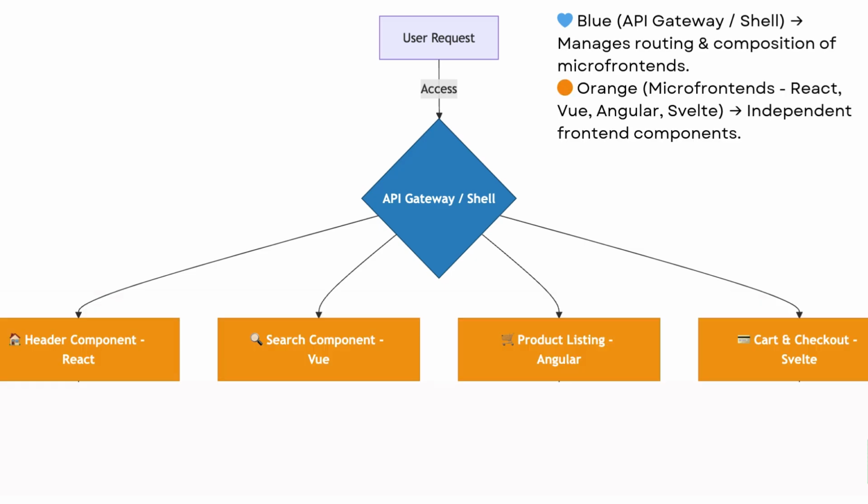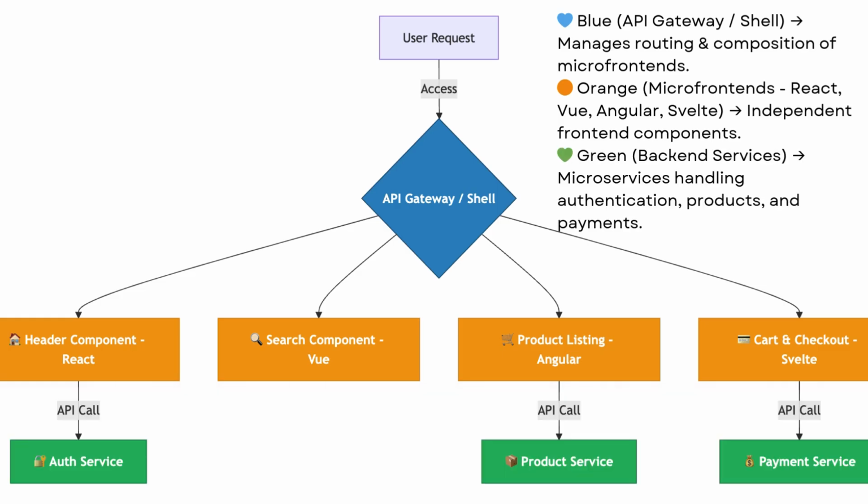Then the independent microfrontends, like each section in this example, header, search, product listing, and others, are built with different frameworks but integrate seamlessly. Upon reaching each component, we can call the APIs. Backend services handle authentication, product data, and payments. They all work separately but seamlessly.